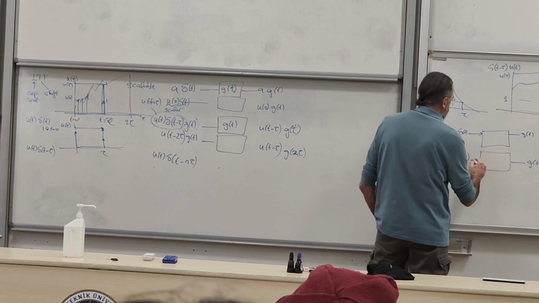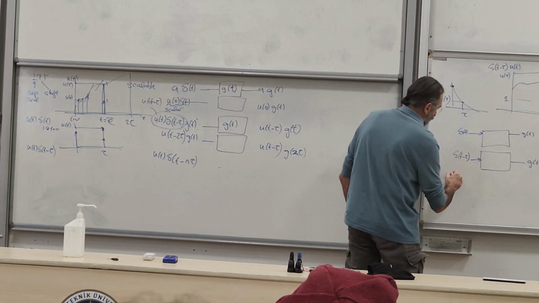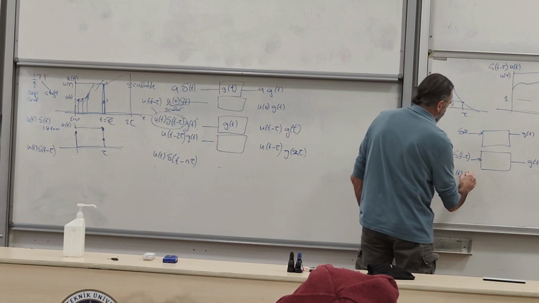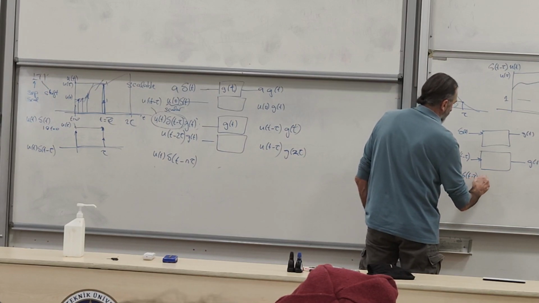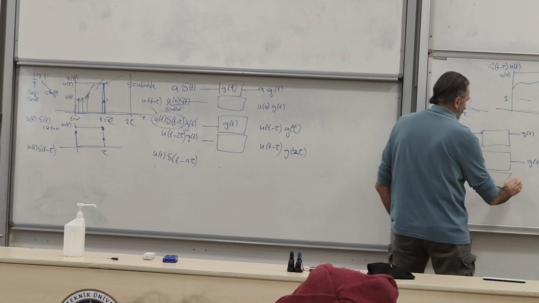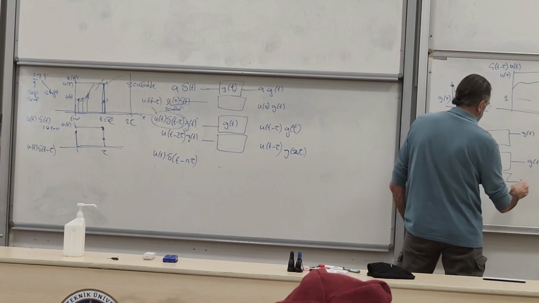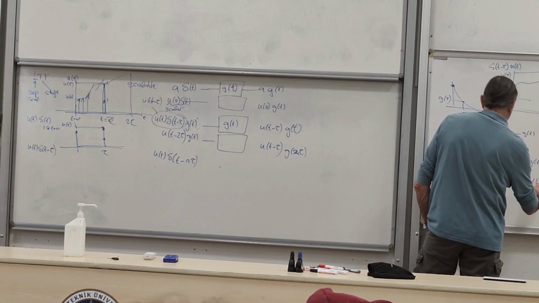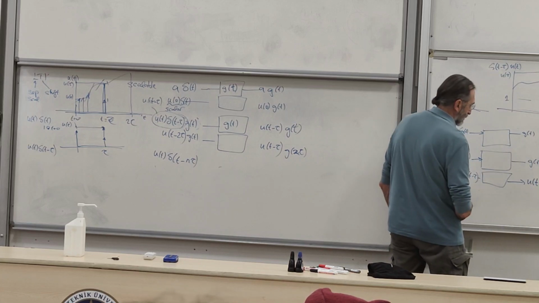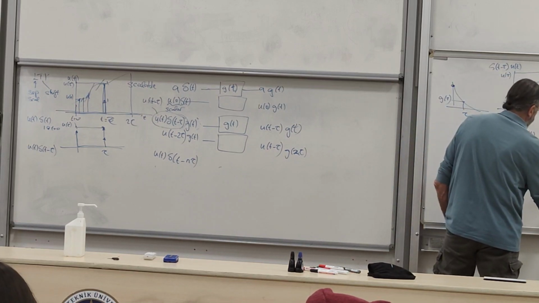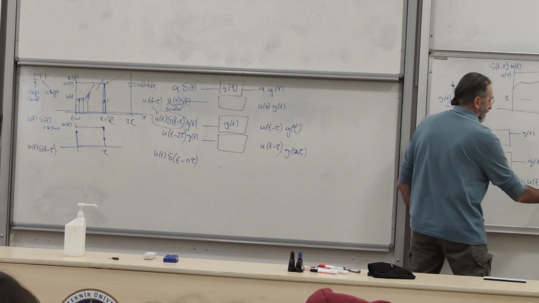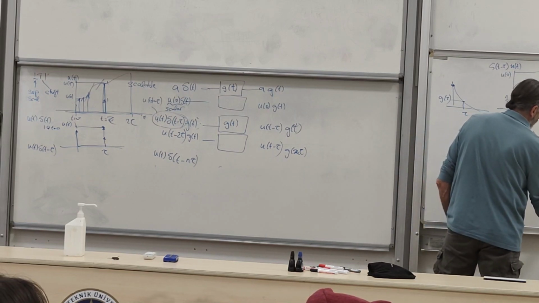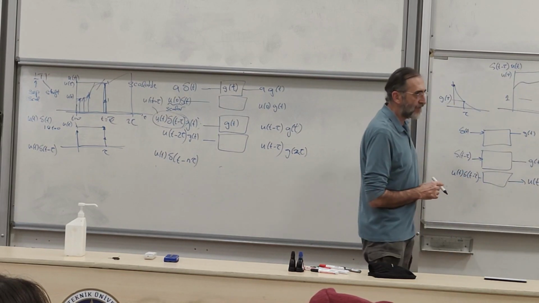Now I'm giving the system another input, u of t times delta t minus tau. Then I get, this being a constant, u of t minus tau times g of t minus tau. But this is equal to g of tau because the system is invariant.